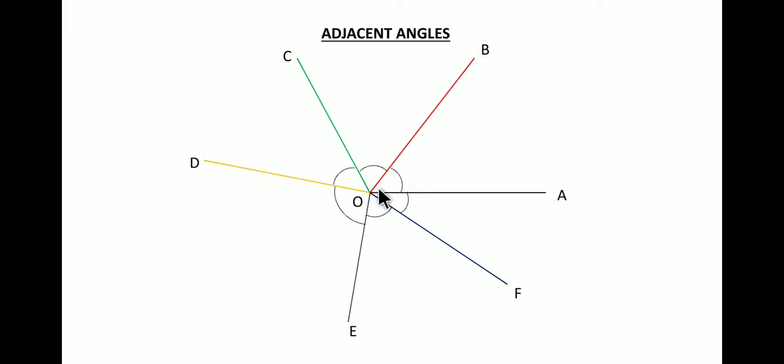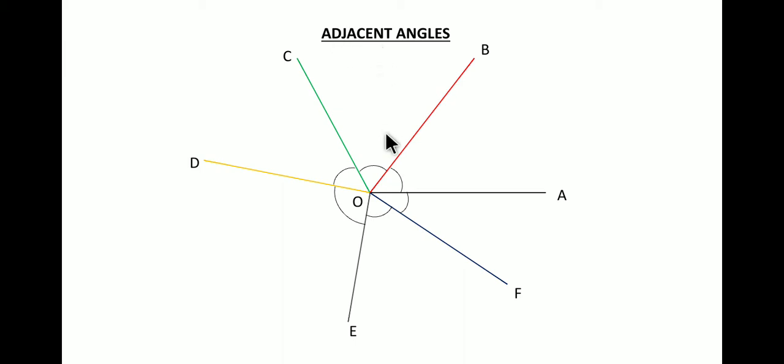So angle AOB is adjacent with angle BOC and angle AOF. Similarly, if we talk about angle DOE, then this angle DOE is adjacent with angle COD and angle EOF. So adjacent angles means if they share any arm in common, then we call those two angles as adjacent angles.